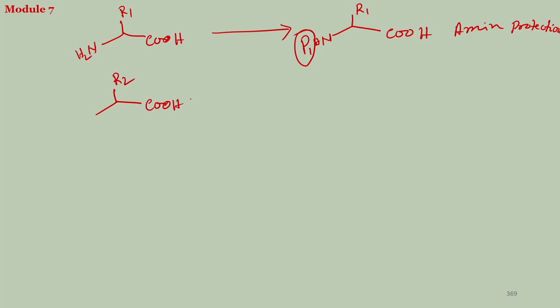What about R2? For R2, you need the amine group here because there is acid free. Here an amine should be free, and your carboxylate should be protected so that it does not react.